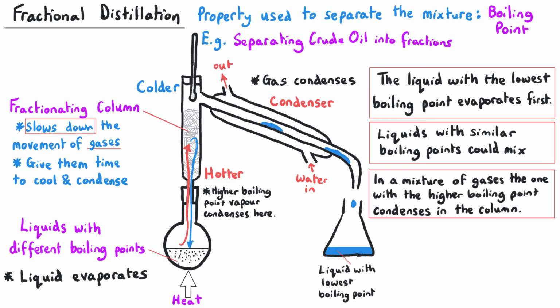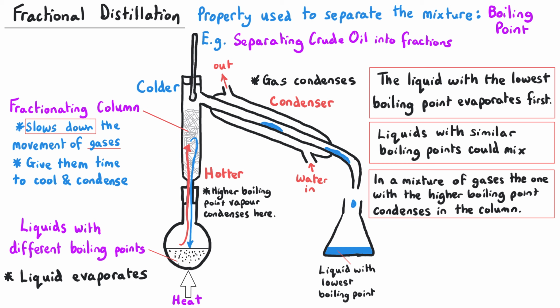And that's why the liquid with the lowest boiling point is able to evaporate and move around the corner more quickly than the one with the higher boiling point, because the higher boiling point vapour gets two thirds, a third of the way up, and then it condenses and moves back into the flask. And this means that we're able to separate liquids that have got similar boiling points.